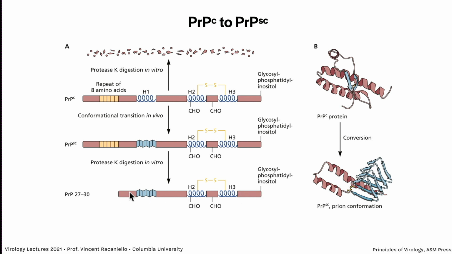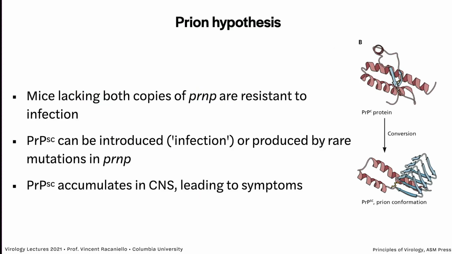You got a 27 to 30 kilodalton fragment, and he could use this as an assay to see if his animals were developing the PrPSc. And what we think happens is that the PrPC protein exists in this form. The structure has actually been solved, and the conversion to the pathogenic form involves the creation of many beta sheets, as shown here. And this has been validated by structural studies.